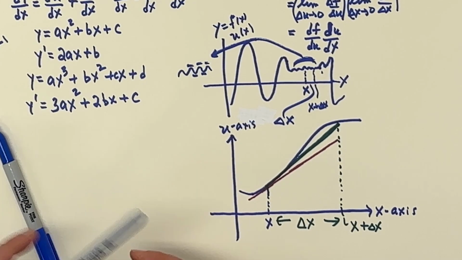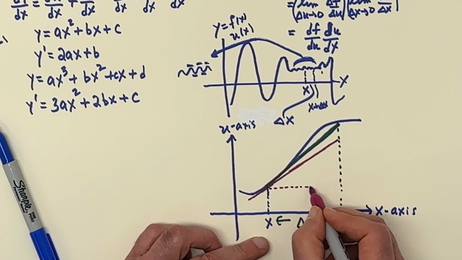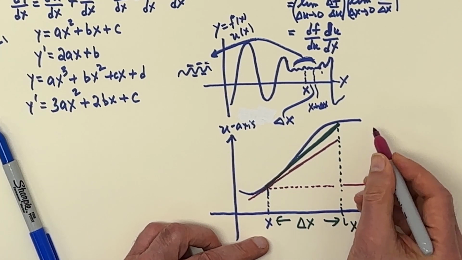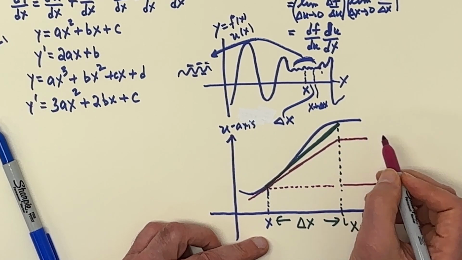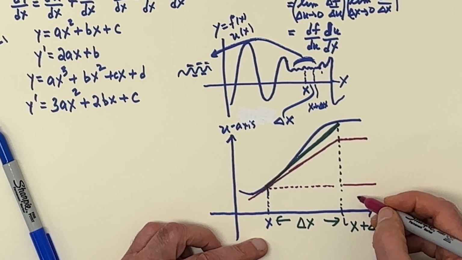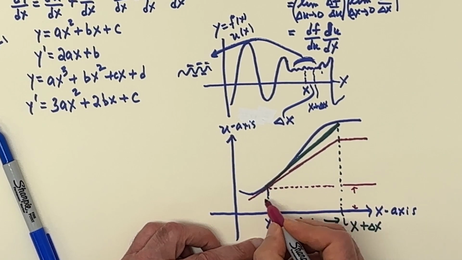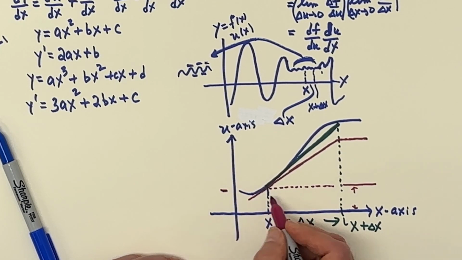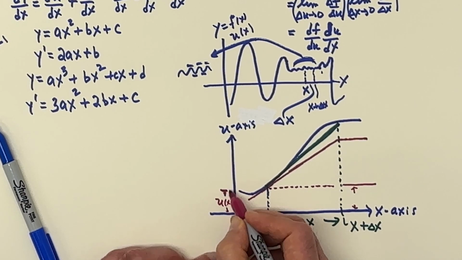So for this actual slope, I'm going to go ahead and put some more lines in here like this. We got this, and we'll draw a line, say here, like that. And if we look at this height here, that would be u of x. Because if I put x into the u function, I get this altitude.